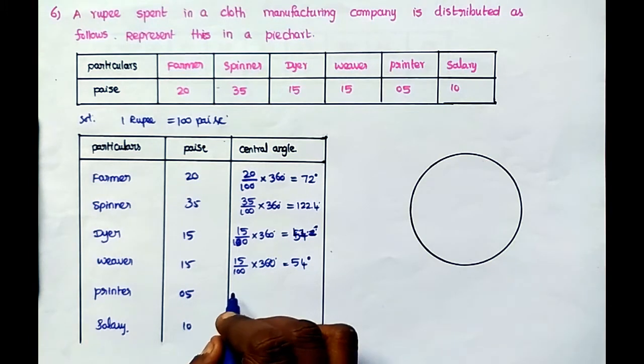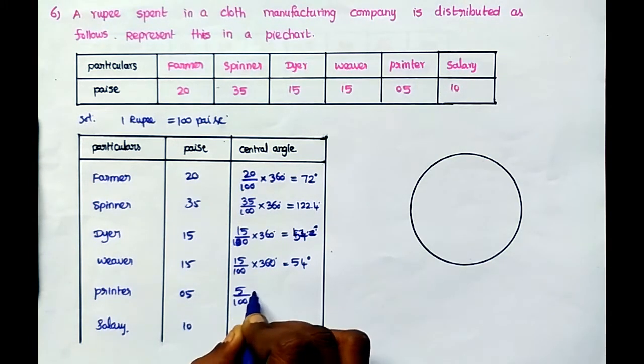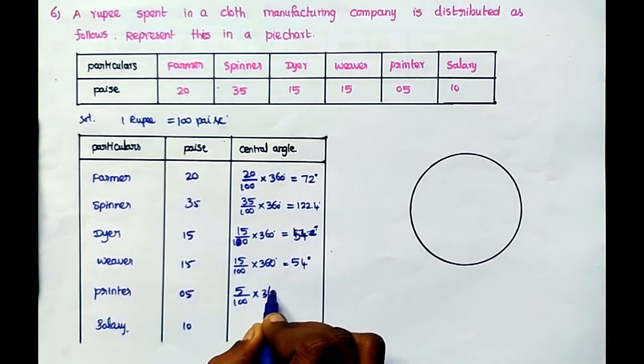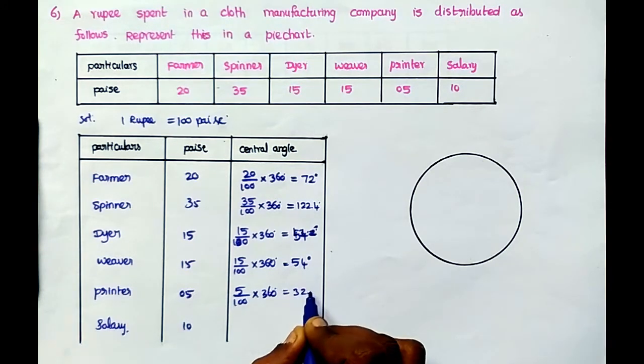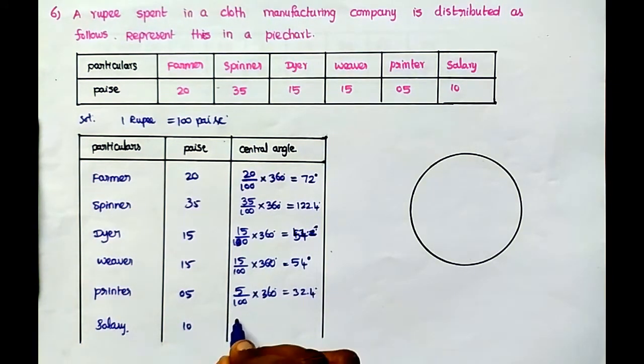Next one, 5 by 100 into 360, that is 18 degrees. 10 by 100 into 360 is equal to 36 degrees.